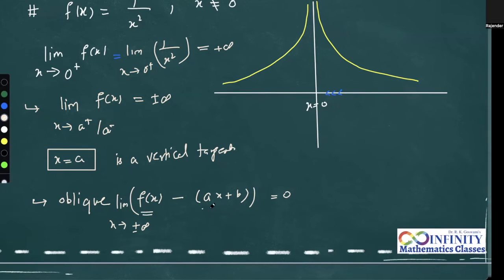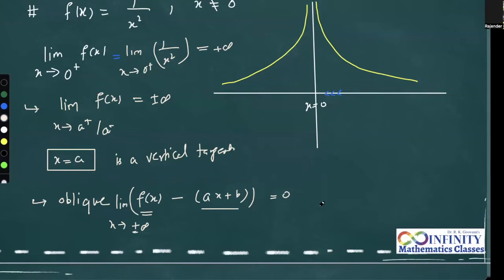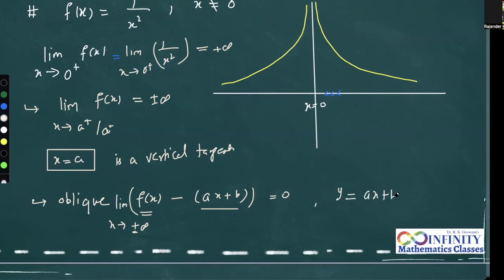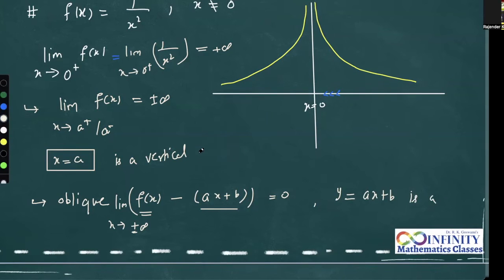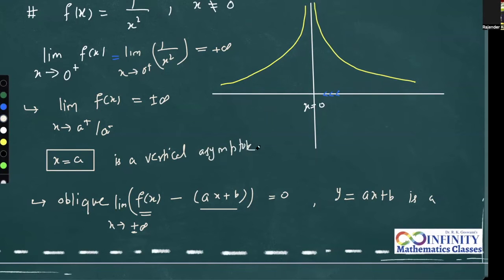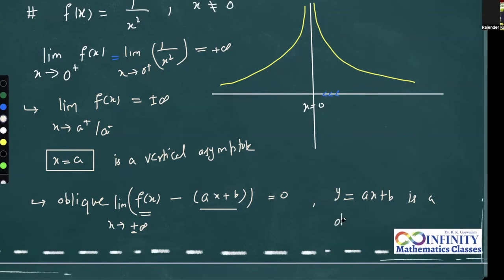If you're able to identify some a and b such that f(x) minus (ax plus b), limit x tends to plus or minus infinity, is going to be 0, then this line y equals ax plus b is an asymptote. Sorry, I made a mistake. It is an oblique asymptote.